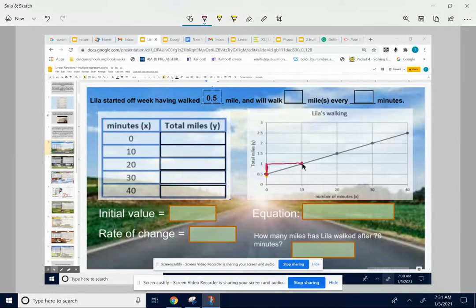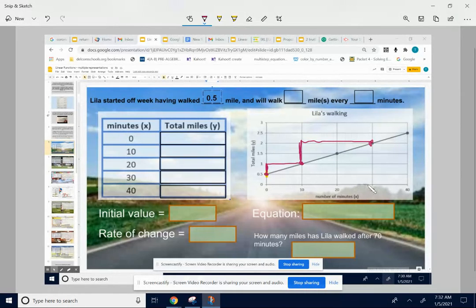So I'm going to pick 2 points that are farther apart, maybe these two. If I think slope from these 2 points, I'm going up an entire mile. See how I'm going up 2 halves? I'm going from mile 1 to mile 2. So I'm going up 1 mile, and then going over from 10 to 30, which is over 20.